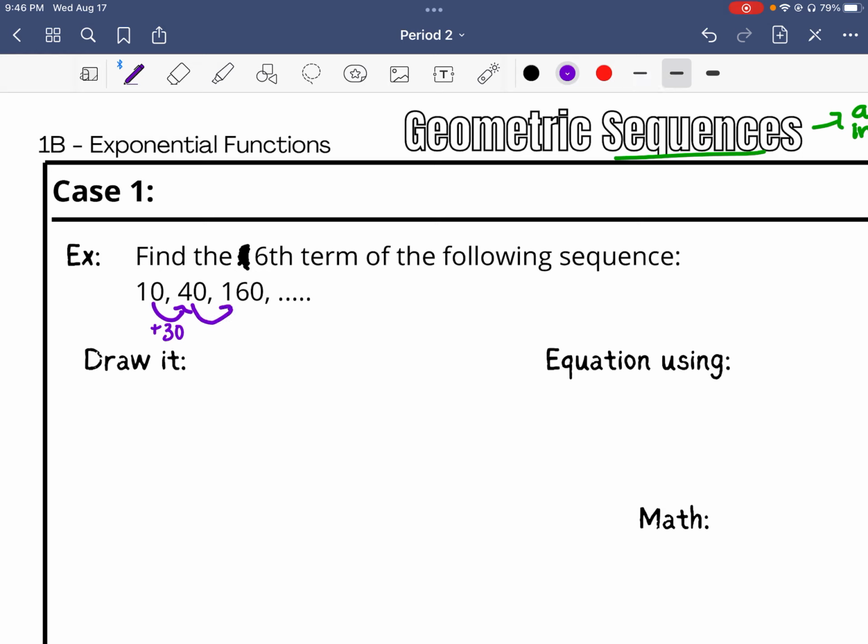But from 40 to 160, that is plus 120. Oh no, these are not the same. So this is not an arithmetic sequence.